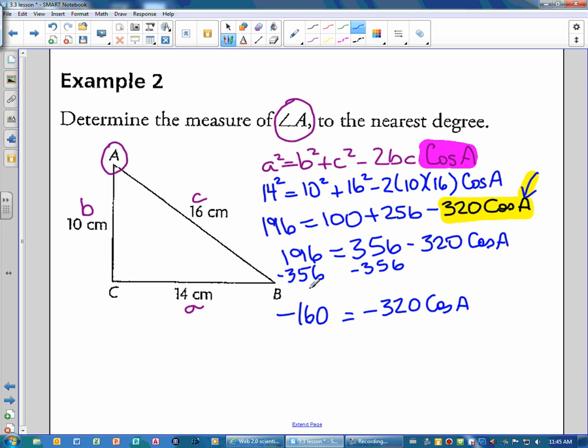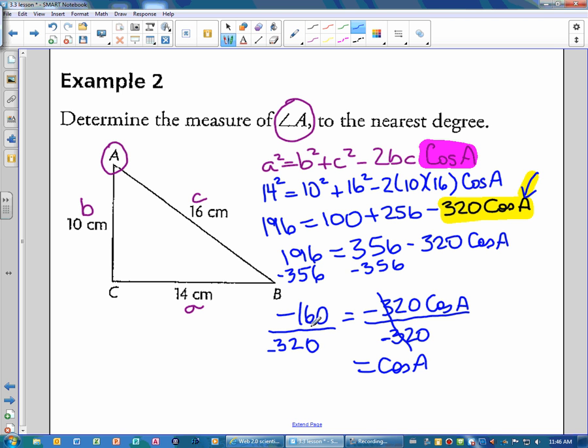So 196 minus 356 is negative 160. This is my unknown, so I'm going to divide by negative 320. I'm dividing by negative 320 because it's the cos of A times negative 320. I want that to cancel, leaving my cos of A. If I divide the right side, I have to divide the left side.